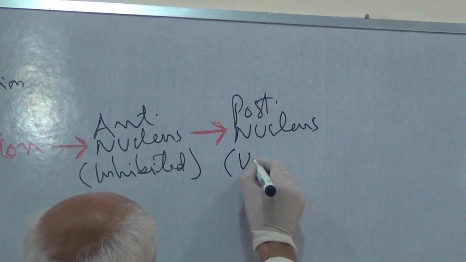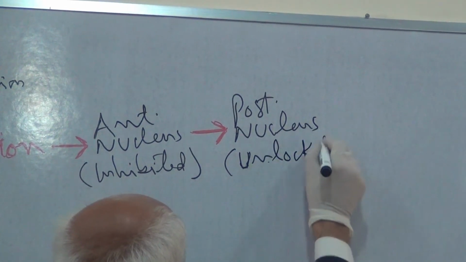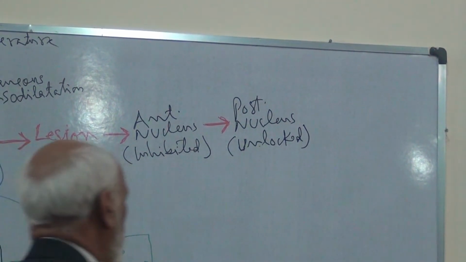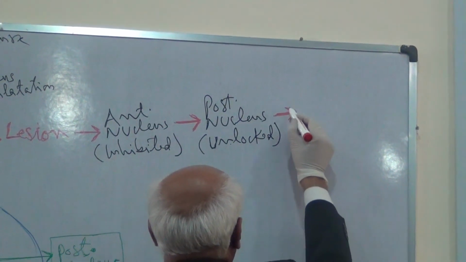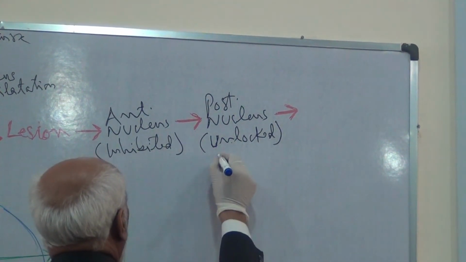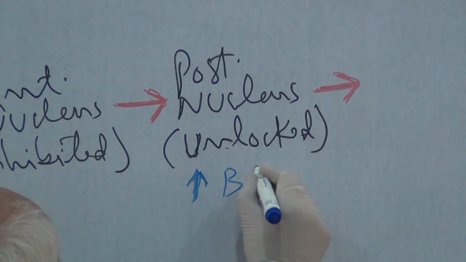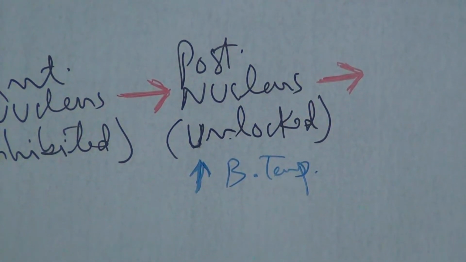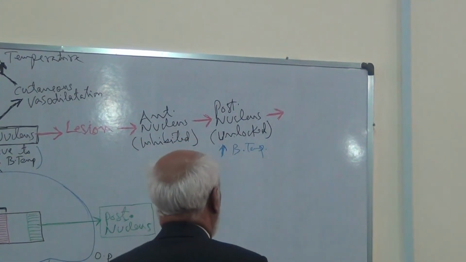Posterior nucleus is unlocked and it is stimulated. And because the function of the posterior nucleus is raising the body temperature, it will result in hyperthermia.